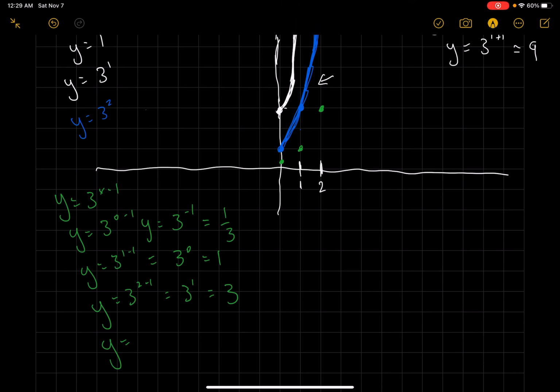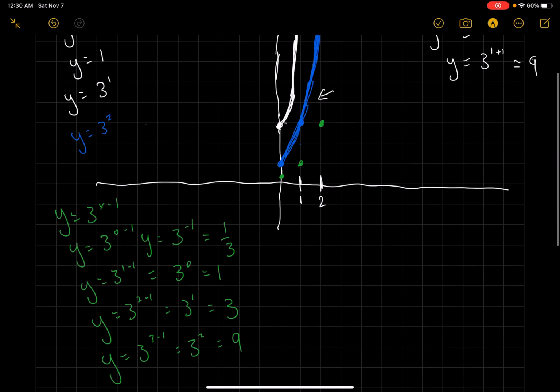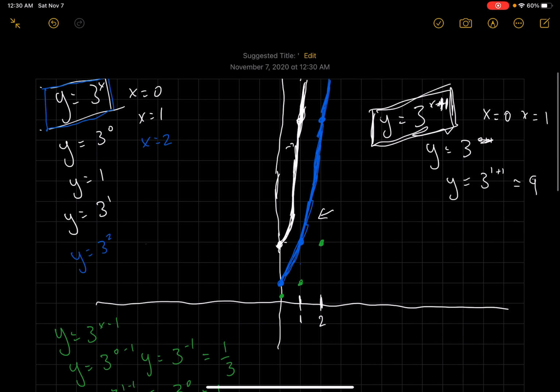And let's do another one just for fun. Let's plug in x is equal to 3. So 3^(3-1) is equal to 3 squared, which is 9. So when x is equal to 3, y is equal to 9.